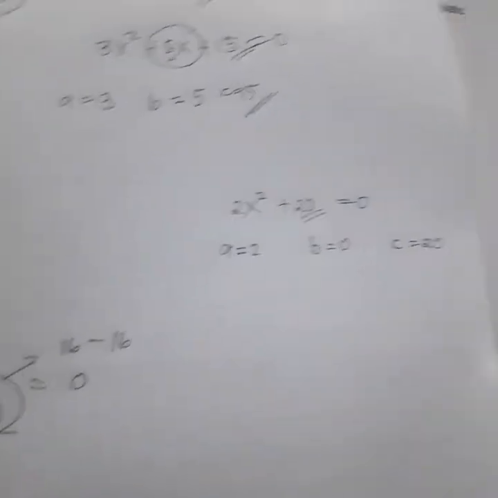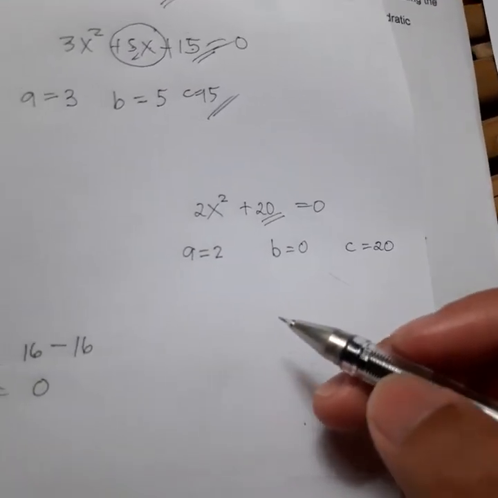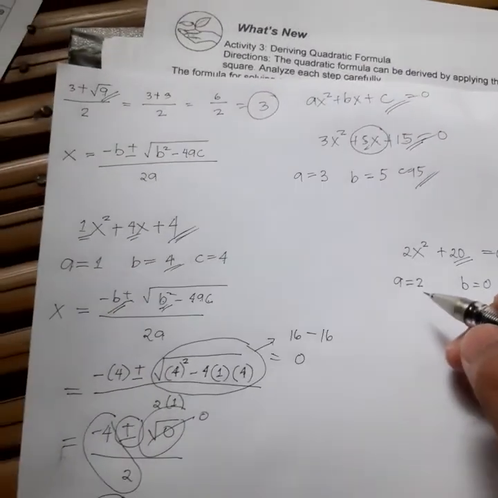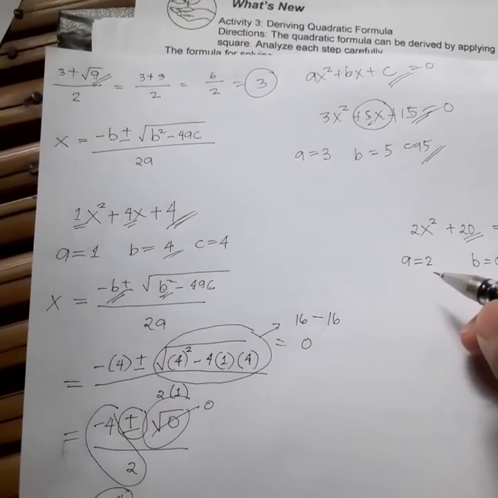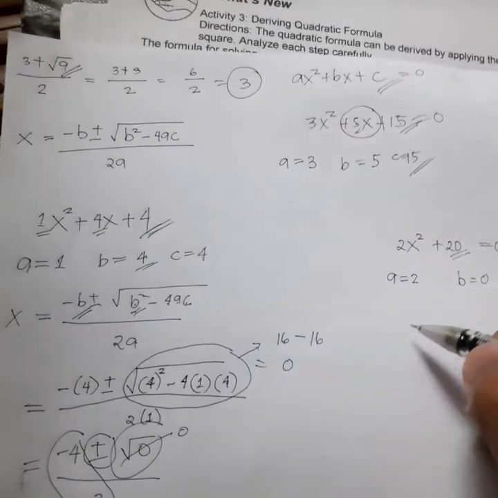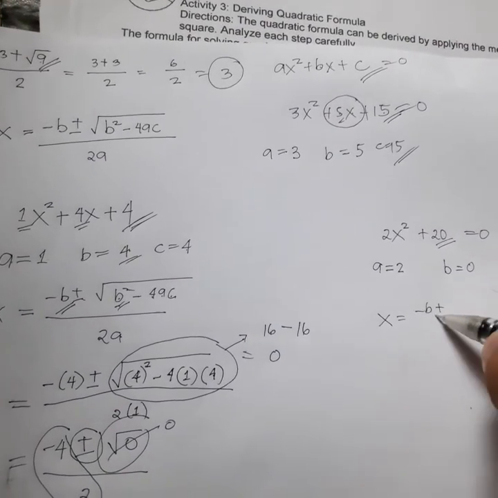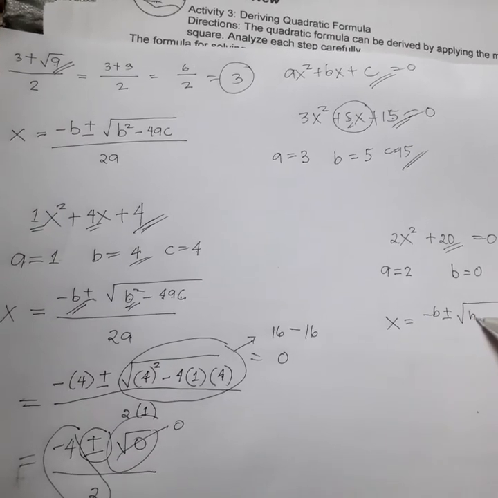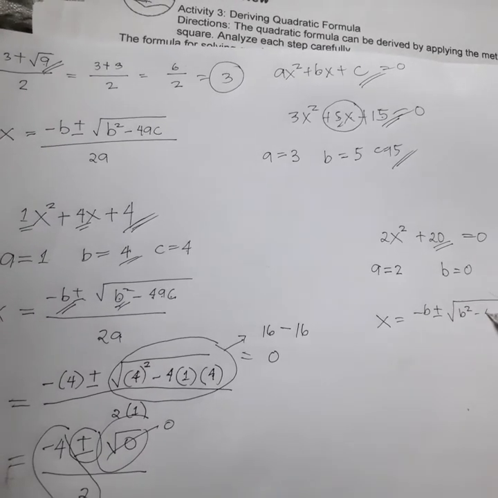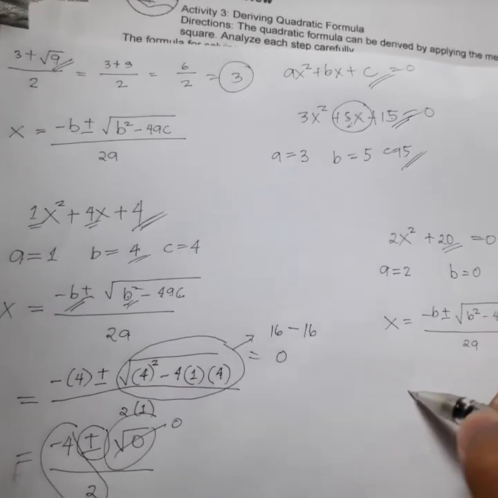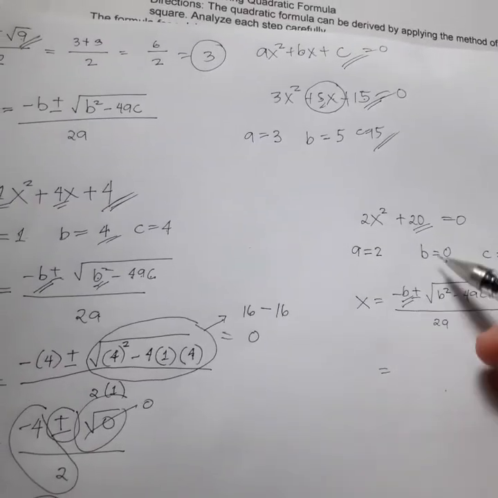Then proceed. Solve the quadratic equation using the quadratic formula. What is the quadratic formula? x equals negative b plus or minus the square root of b squared minus 4ac, all over 2a. What is b? 0.